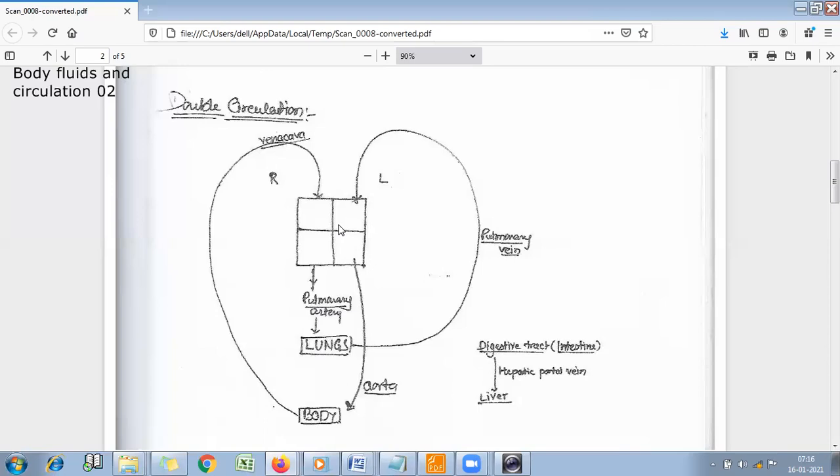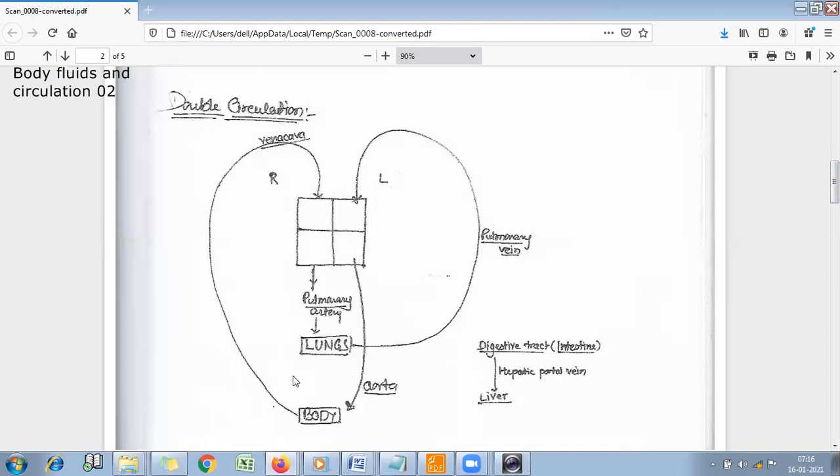So through this pulmonary vein, the oxygenated blood goes into the left atrium, and through the bicuspid valve it is transported to the tissues or cells of the body through the aorta. So we can see the whole path of this blood.